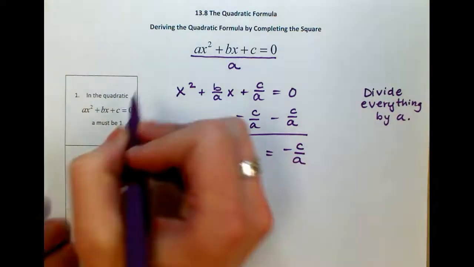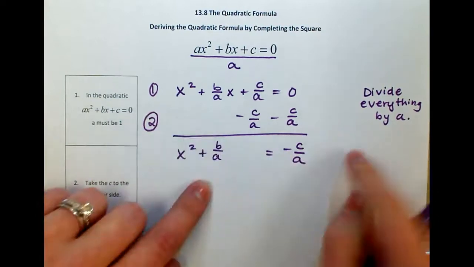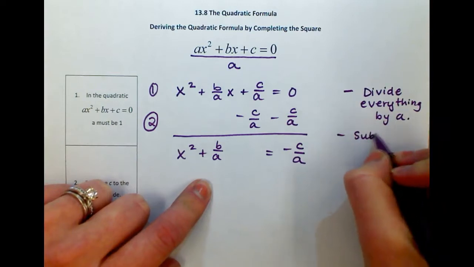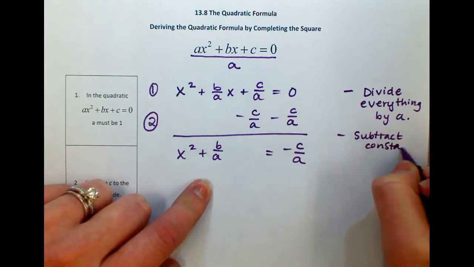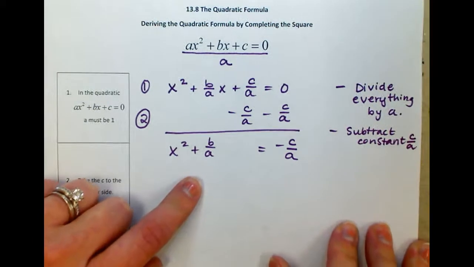So this is our first step. Here is our second step. All I did was divide everything by a, and then I subtracted my constant to the other side. In this case, it was just c over a. That was my constant in this formula.